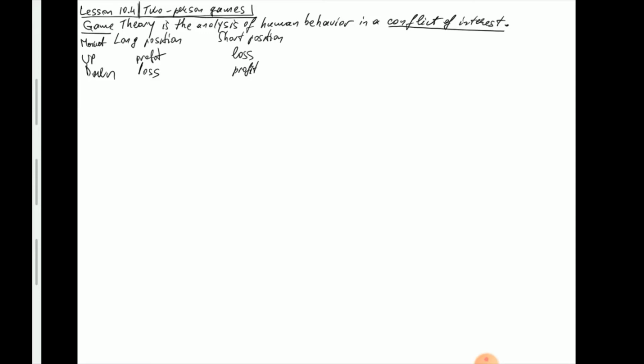So you could think of one player, you, having two options, either buying a long position or a short position, and the market as another player if you want, although it's not a real entity, not a real human being, which will essentially have a decision to be either up or down. That's just a very simplistic way of putting it.